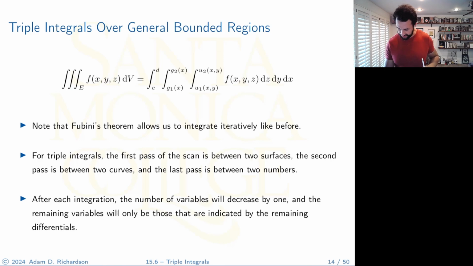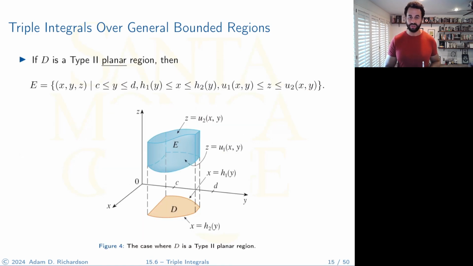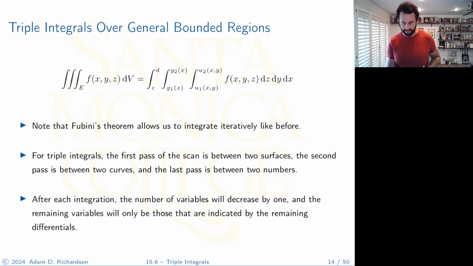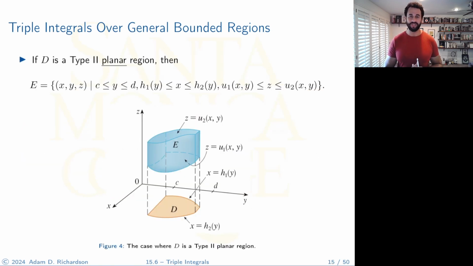All right, so next, another type of region. So what is a type 2? Sorry. Still type 1 region. So if the projection of your region E to the xy plane is a type 2 planar region, then this is just saying you can scan between two curves in terms of y instead of x. That's all this is saying. And then you can go between two numbers, c and d.